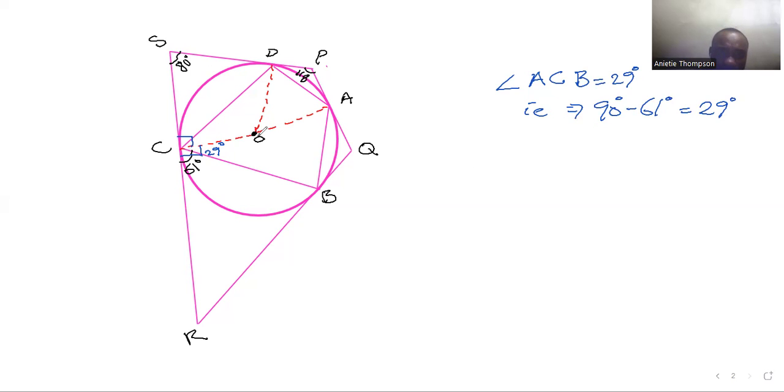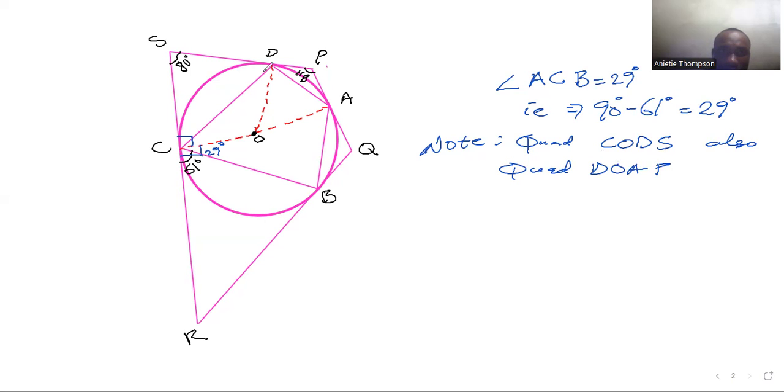Also, if you look at this quadrilateral form, I want you to note that we have quadrilateral COD and S, and we also have another quadrilateral, which is DOAP.